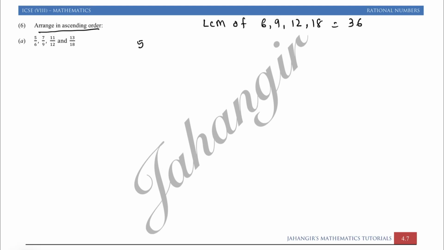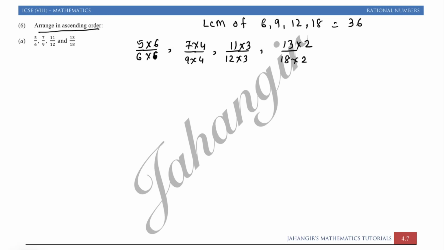I can write 5 by 6 into 6; 6 times 6 are 36. 7 by 9, 9 we can multiply by 4 to get 36. 11 upon 12 into 3, and 13 by 18 into 2.